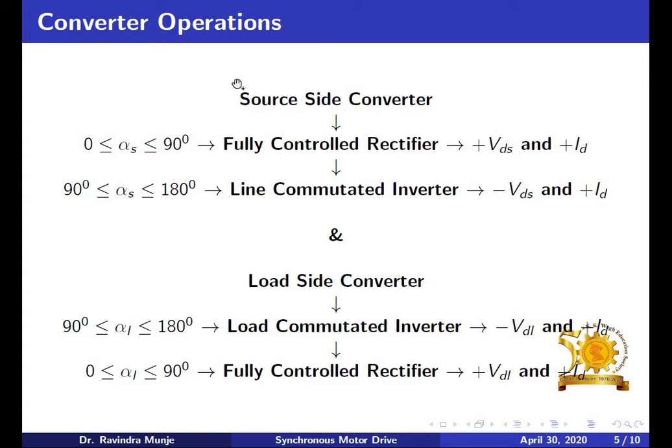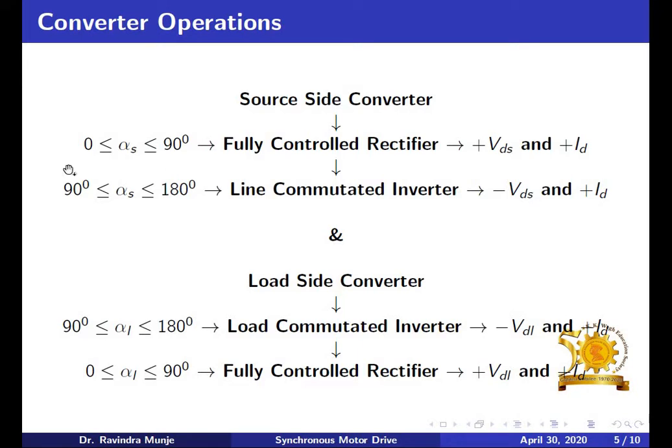So source side converter, when the firing angle alpha S is in the range of 0 to 90 degree, acts as a fully controlled rectifier, giving positive value of VDS and positive ID, where we have both VDS and ID positive.